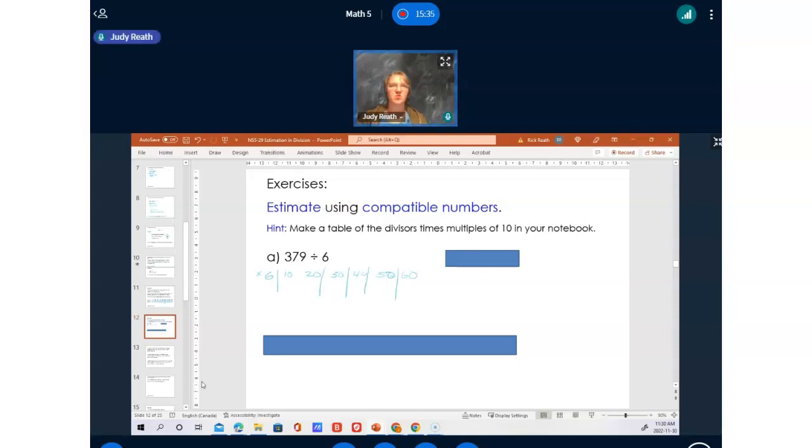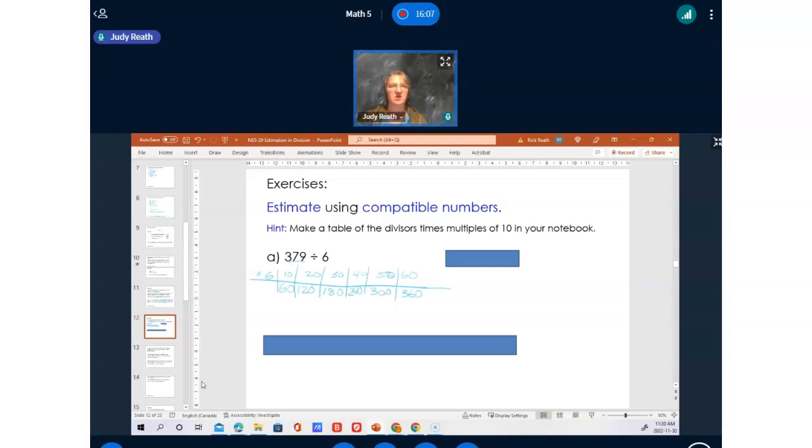And about what would that be? 6 times 10 would be 60. 6 times 20 would be 120. 6 times 30 would be 180. 6 times 40 would be 240. 6 times 50 would be 300. 6 times 60 would be 360. We're getting close, right? 360 is pretty close to 379.